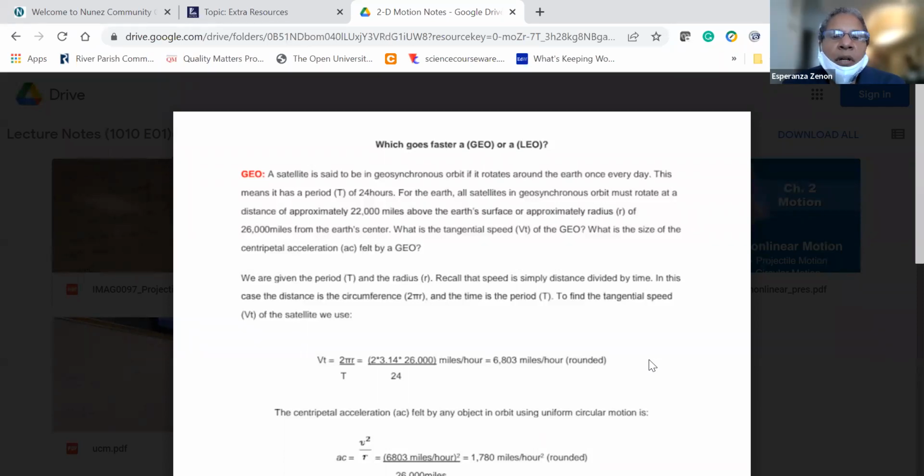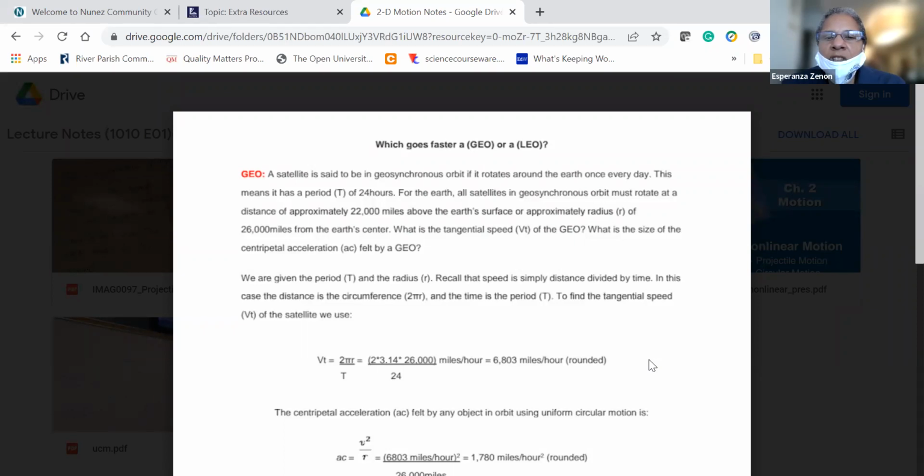On Tuesday, we talked about the idea that the time it takes an object to make a complete circle in its orbit is called a period. So for this GEO satellite, because it makes one trip once a day, just like the Earth does, it has a period of 24 hours.